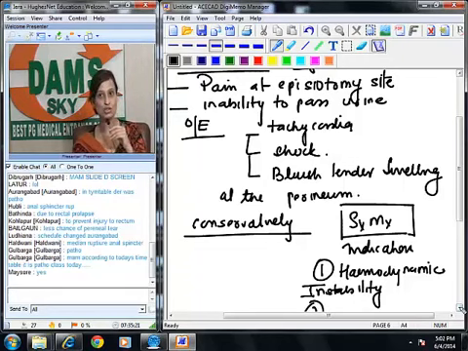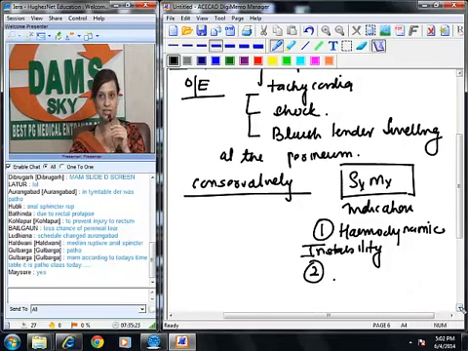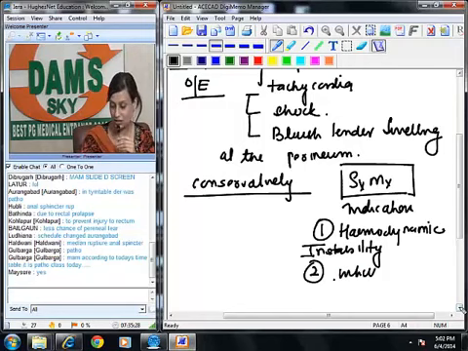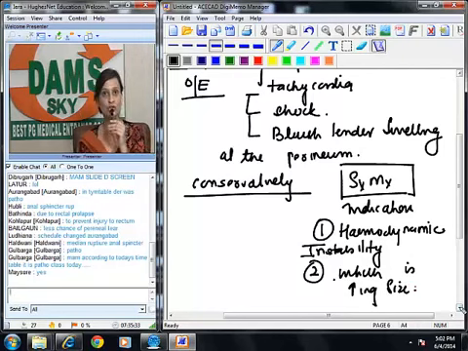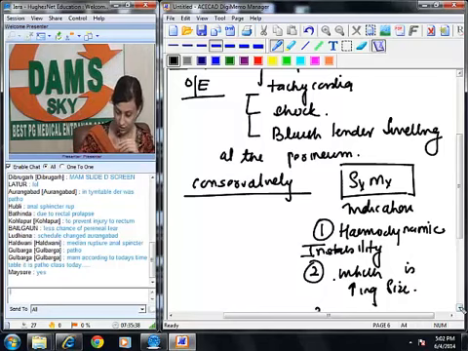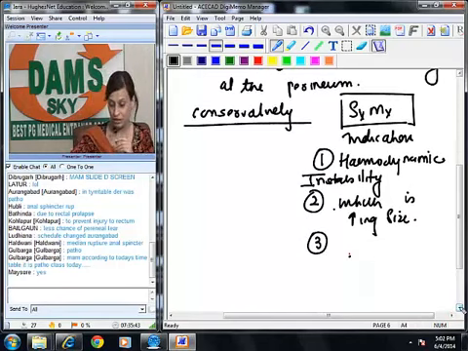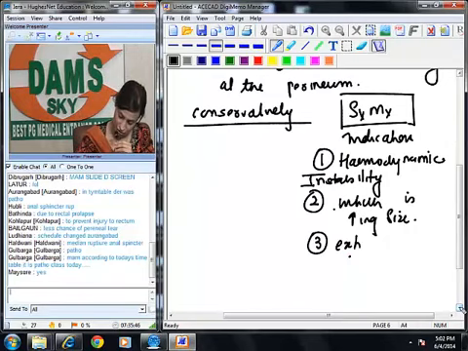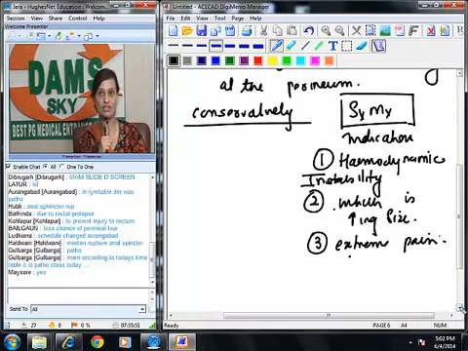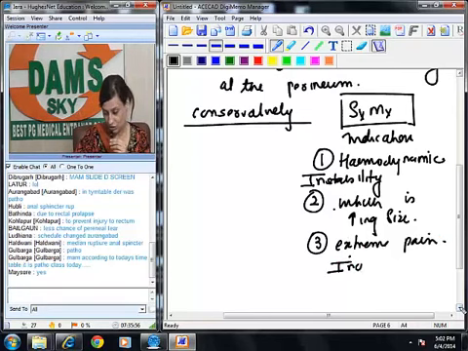If it is leading to shock, then definitely it needs surgical management. Second, a hematoma which is increasing in size. And third, a hematoma which causes extreme pain. And what is the surgical intervention? The surgical intervention is incision and drainage of the hematoma.